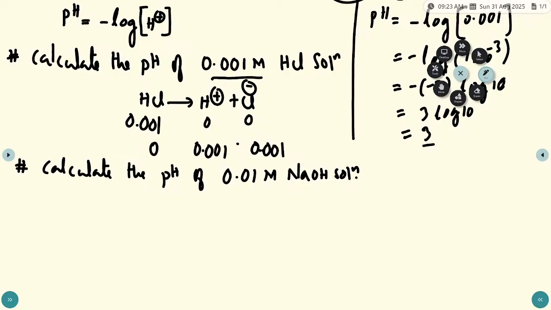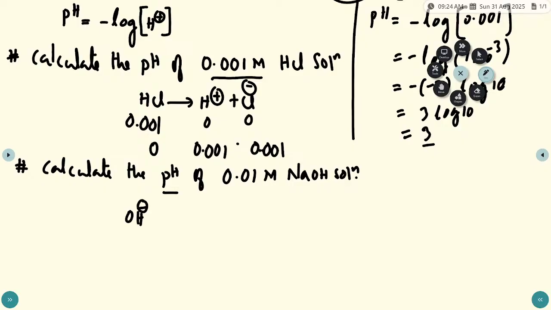But here in this question, see first, what is the concentration of OH minus ion?